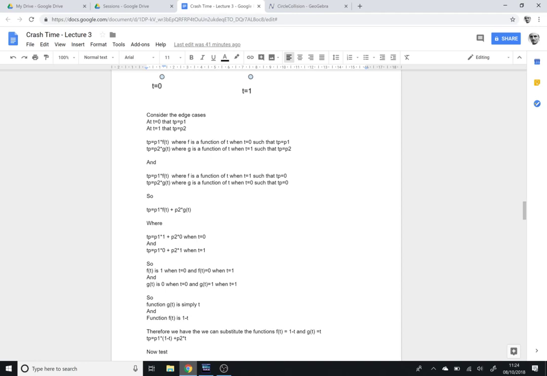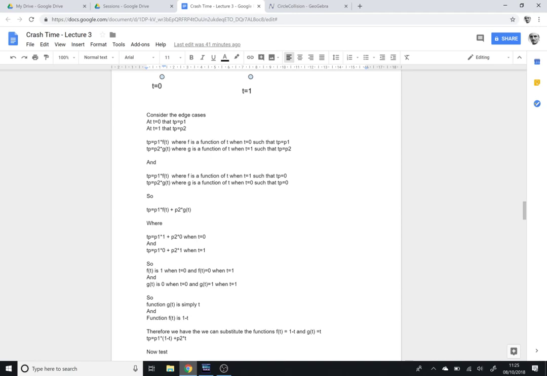And when t is 1, tp is p1 times 0 because we don't want any of that component, plus p2 times 1, because we want all of that component. And then we can look at this and go, hang on a minute, is there a relationship between these values 1 and 0 and 0 and 1 so that we can plug t into this equation?